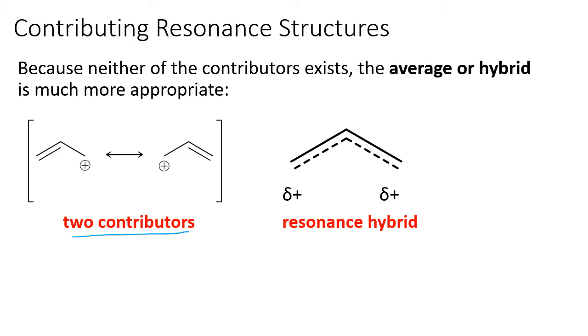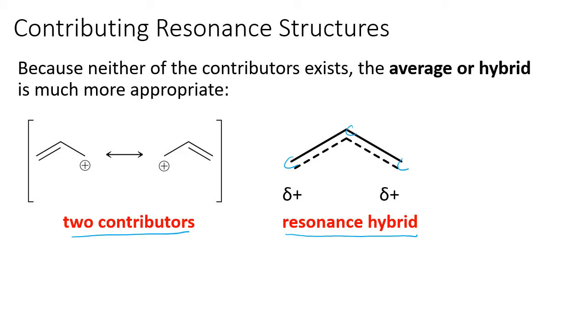But really, what does this molecule look like in real life? Well, it's not alternating back and forth between these two structures. It's not like an equilibrium where it's flipping. It's really a hybrid combination of both of those structures. So some people like to draw something called the resonance hybrid, which means that between each of our carbon atoms, there's not one single bond and there's not one double bond.